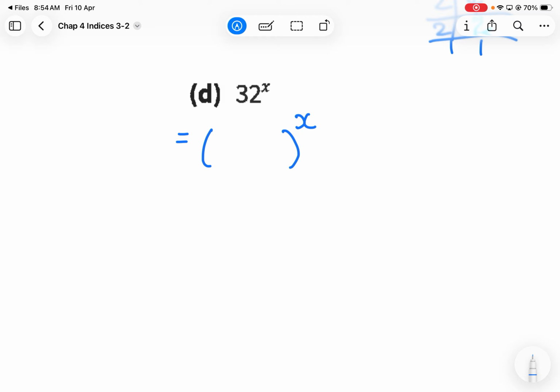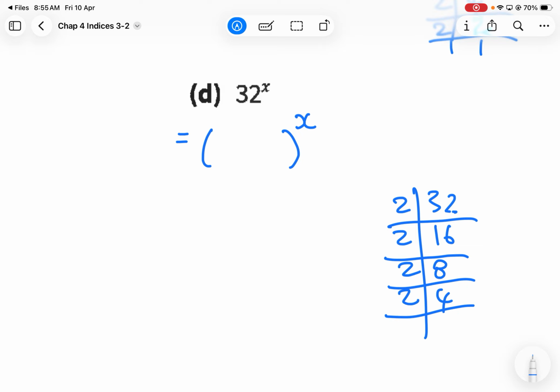Okay. So first I have to find out what are the prime factors of 32. So 32, I try divide by 2, divide by 2, divide by 2, divide by 2, divide by 2. So 32 is actually 2 to the power of 5.